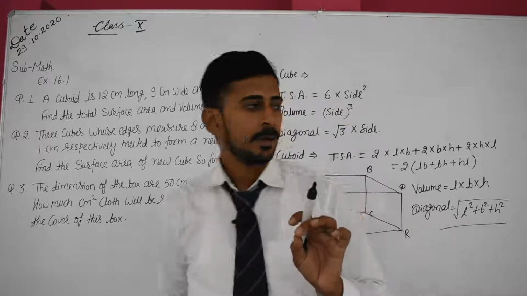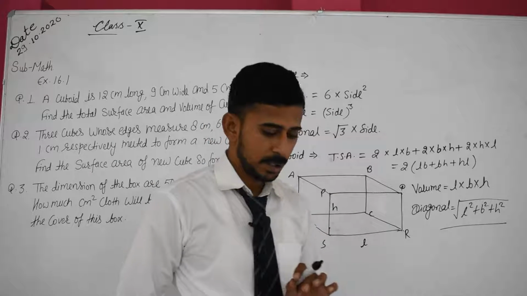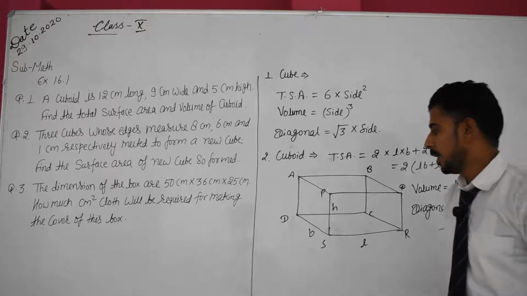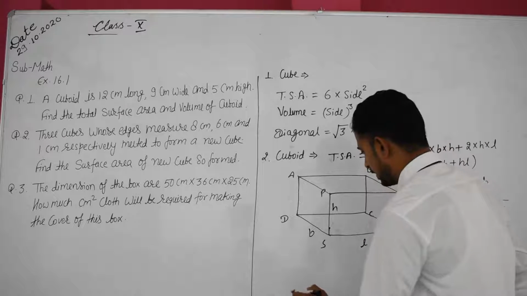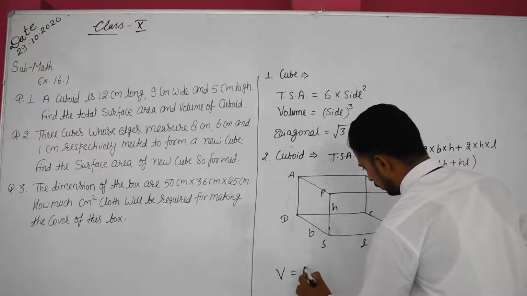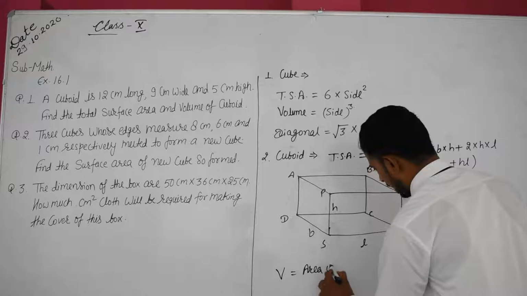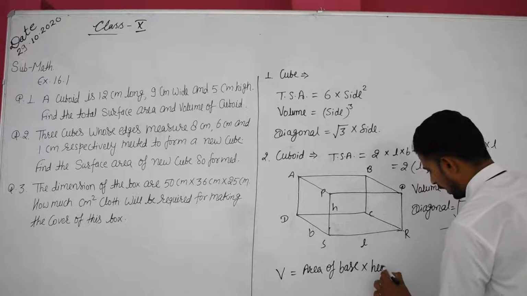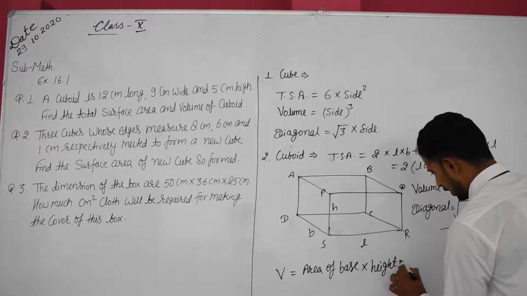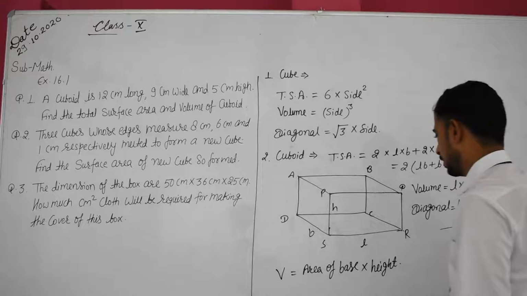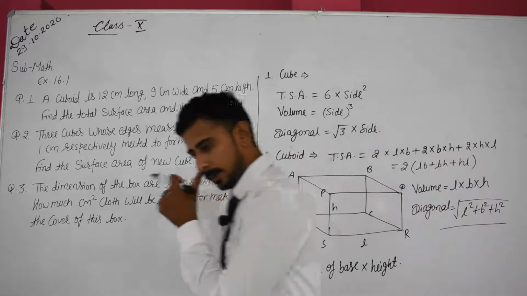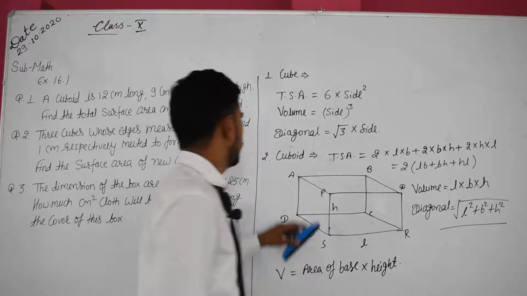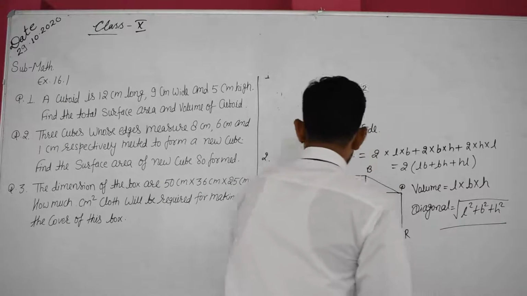Now for cube and cuboid, one common formula of the volume is volume is equal to area of base multiplied by height. Okay, now all formulas of cube and cuboid are completed.